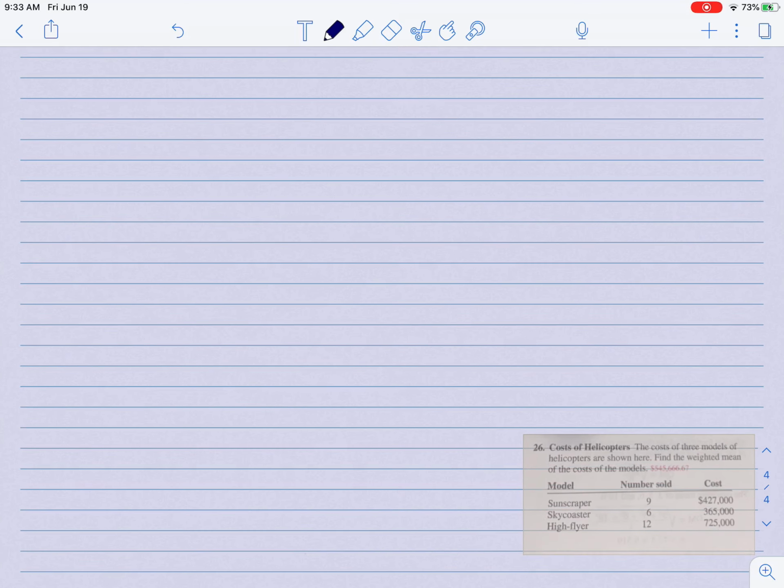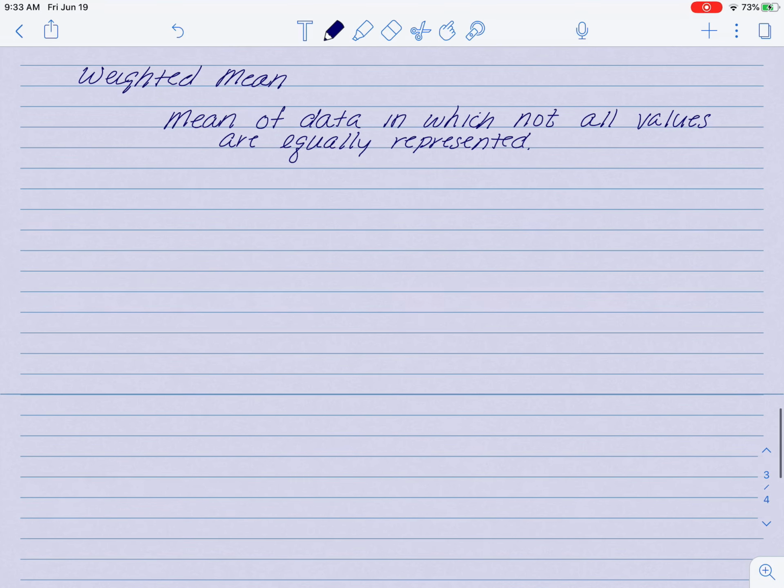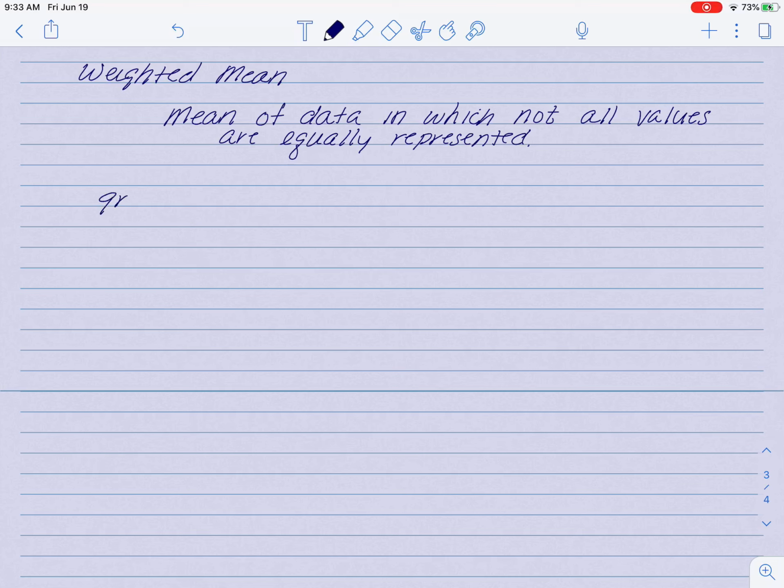So let me move that down so we have more room. Let's first look at grade point average. Let's say we have a person and they have certain courses they're taking.